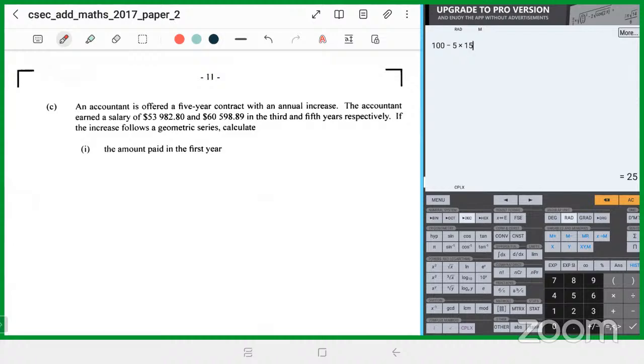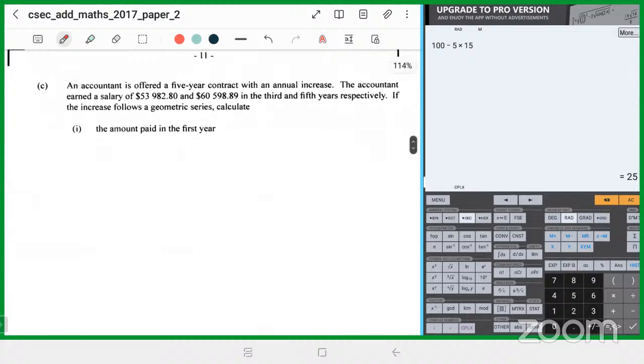All right, good. It says an accountant is offered a 5-year contract with an annual increase. The accountant earns a salary of this and this in the 3rd and the 5th year, respectively.